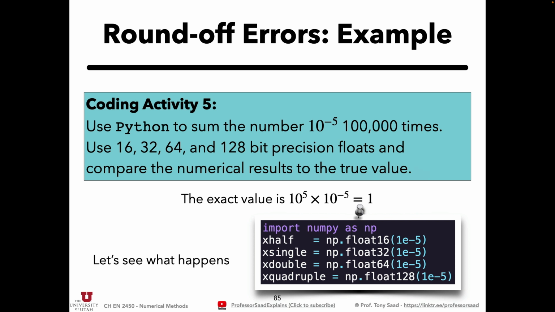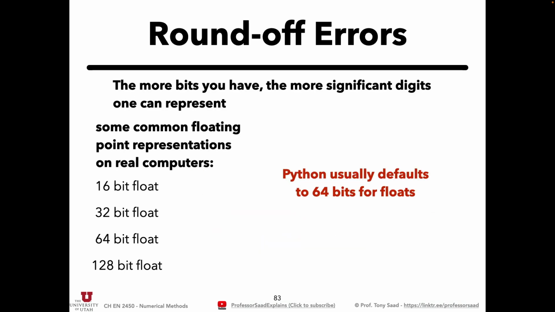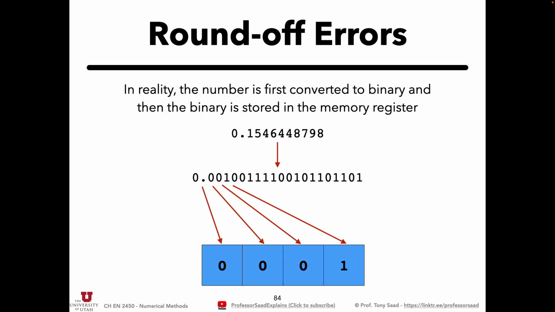One more thing that I need to mention is that 16-bit precision is usually referred to as half precision. 32-bit is single precision, double precision for 64-bit, quadruple precision for 128-bit, and so on. Those are the names.